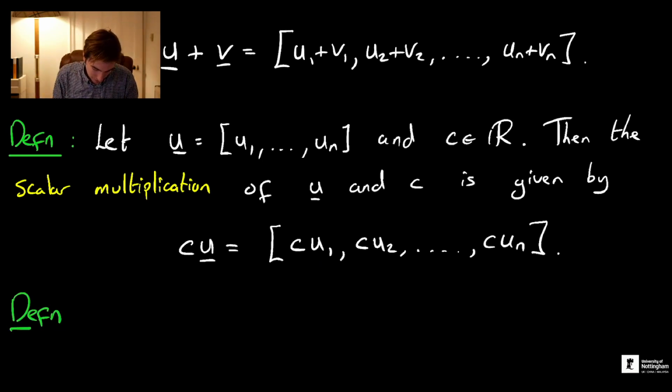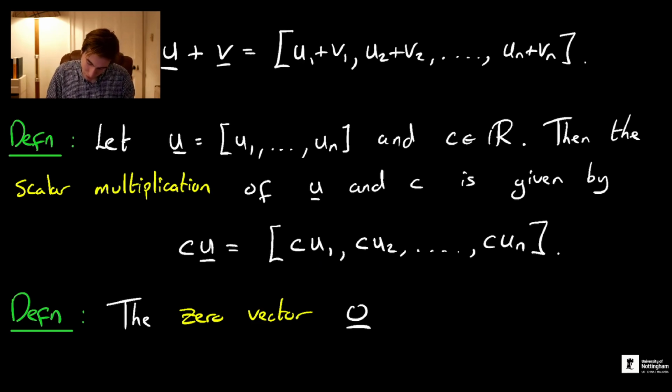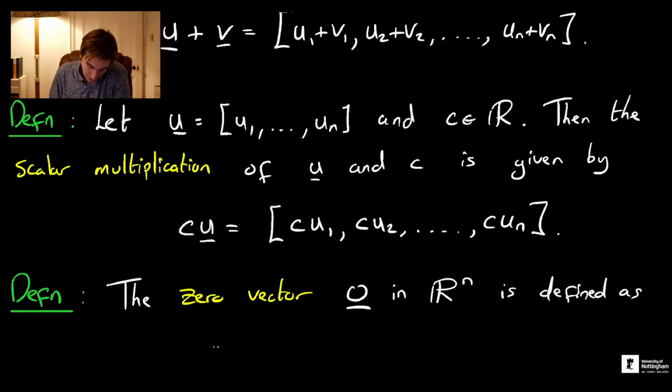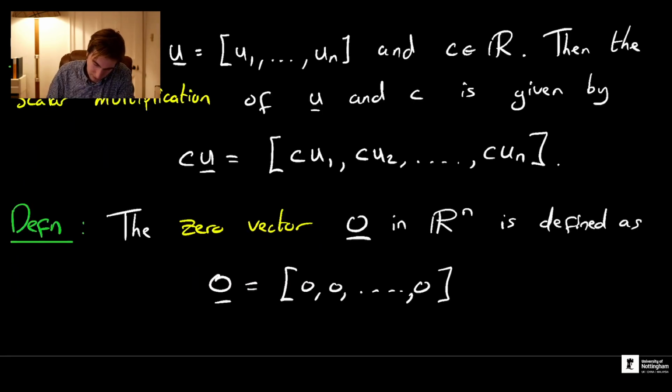So we can say the zero vector, again denoted by 0 with an underline, in Rn as opposed to R2, is defined as 0 equals (0, ..., 0), n many times. So that is, we're saying here there's n many zeros.